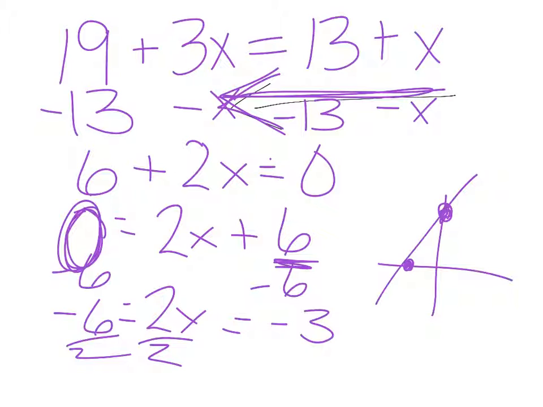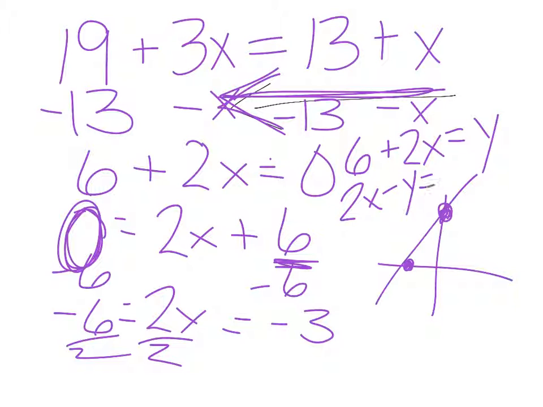You could also do this in standard form, except you'd have to put in y. So you'd end up with, if I go to this, 6 plus 2x equals y. Then if I want to get y on the same side, 2x minus y equals negative 6. So I just flip the y and the 6. Go back to my wonderful shapes here.